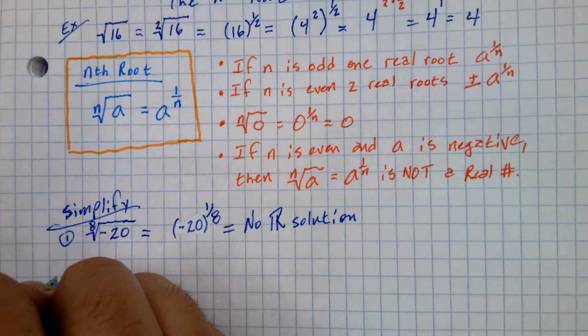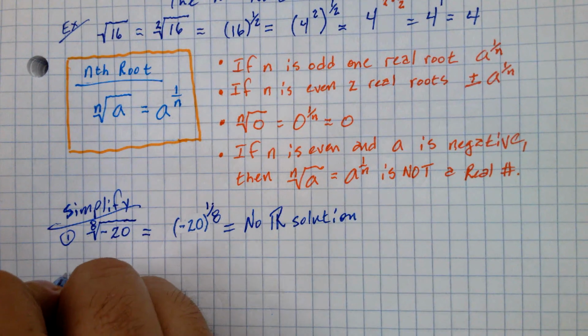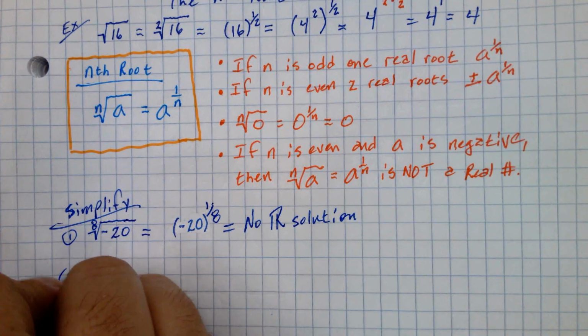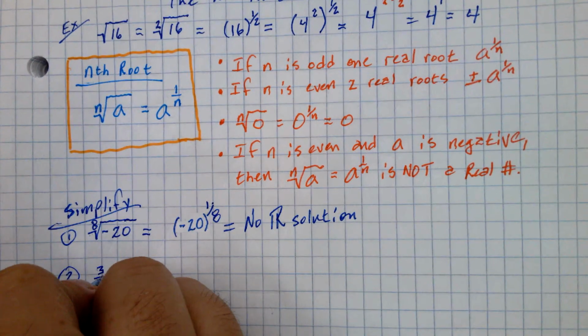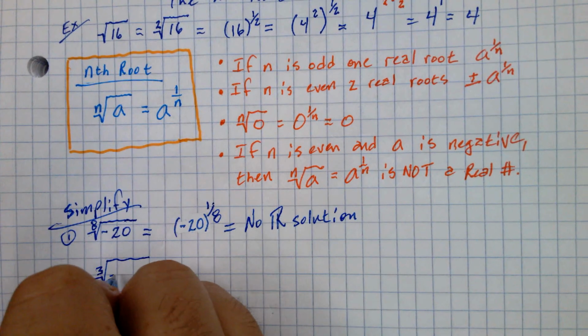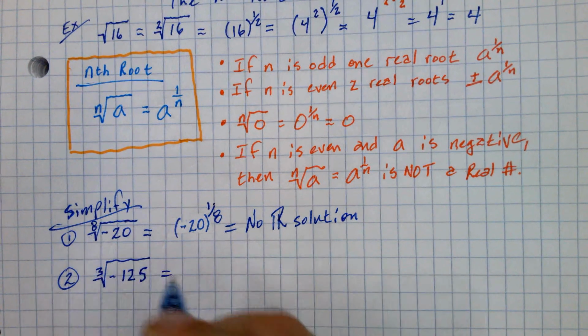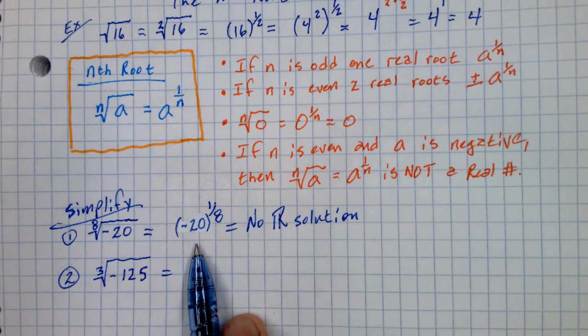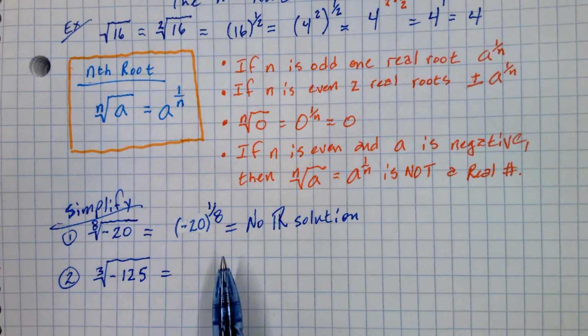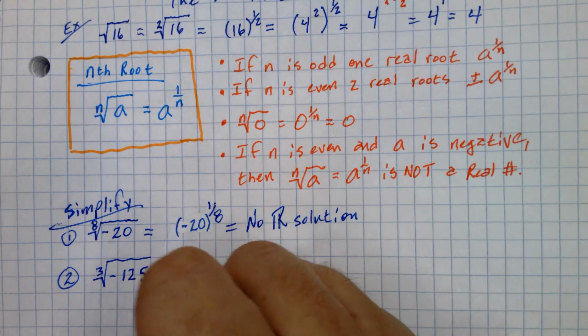Okay. Let's try this one. Number 2, cube root of negative 125. So first convert it to rational exponent. How's that going to look?